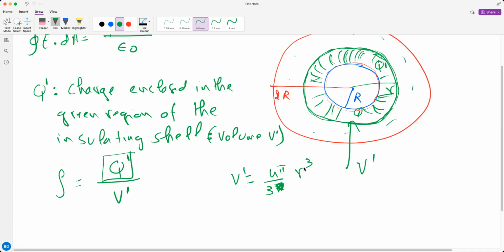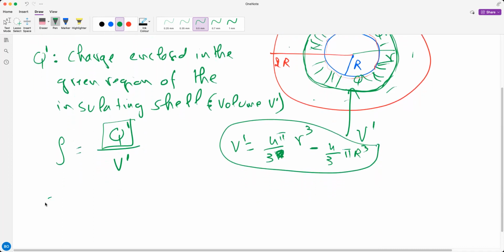Any mistake here? I need V prime, so I need to subtract the inner volume, 4 pi over 3 r cubed, right? Because you need to subtract it from the original one. Yeah, exactly. So this is the volume V prime. And that's it, I have everything.